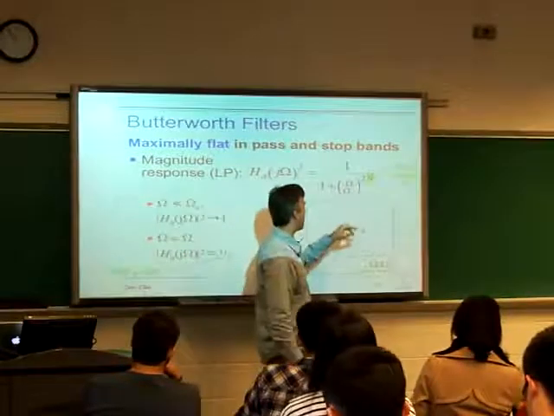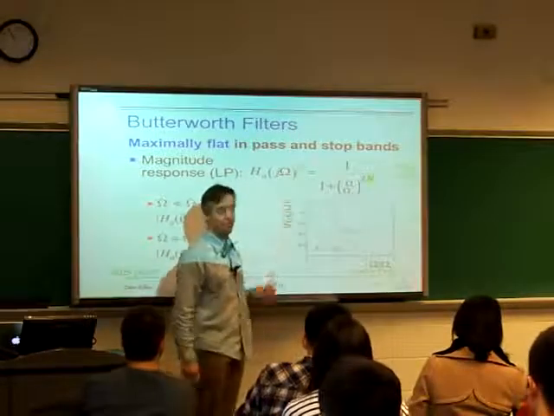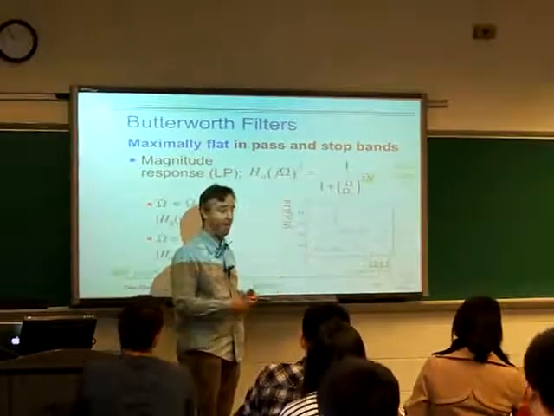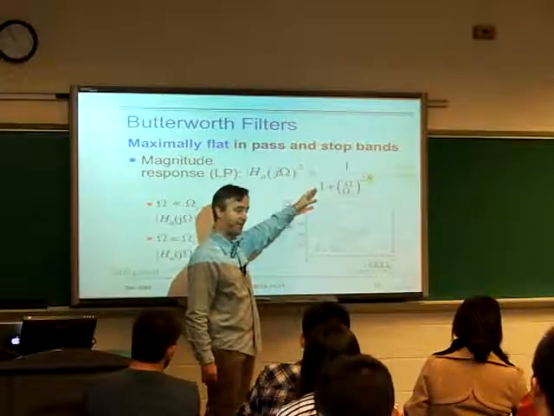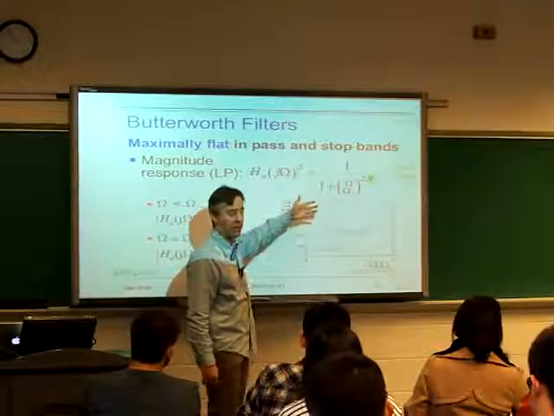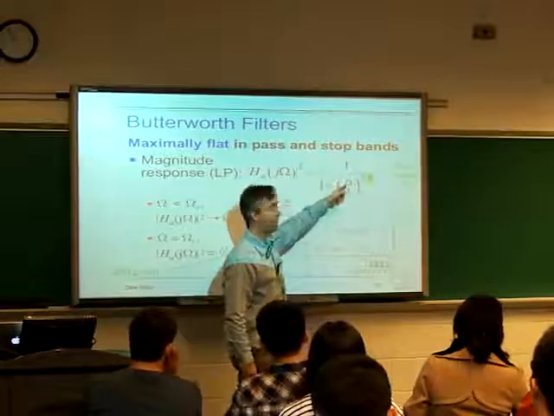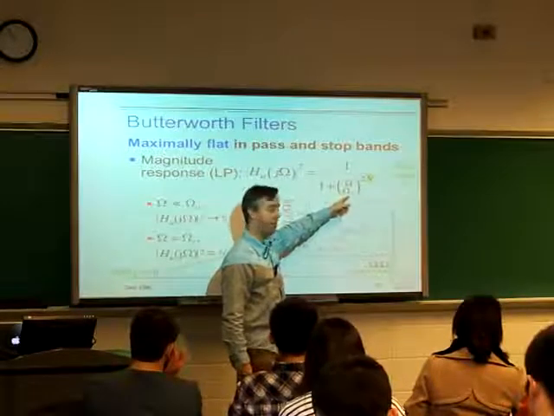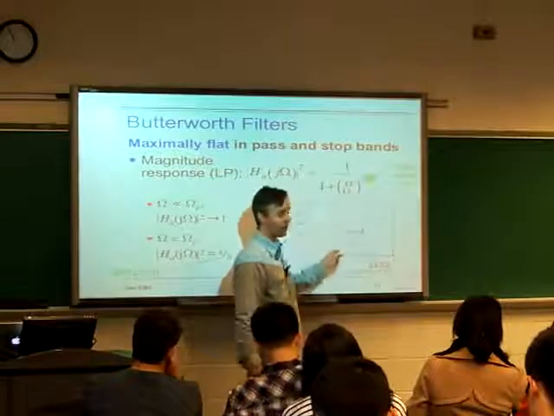I'm not quite sure what you're asking. I've defined this function here without really explaining why. But I'm saying, if I could build you a filter that had this response, let's see what its properties would be. Okay? The properties are that it's going to go down as omega increases. It's going to have this 3 dB point at omega c. And as n increases, it's going to get a sharper filter.